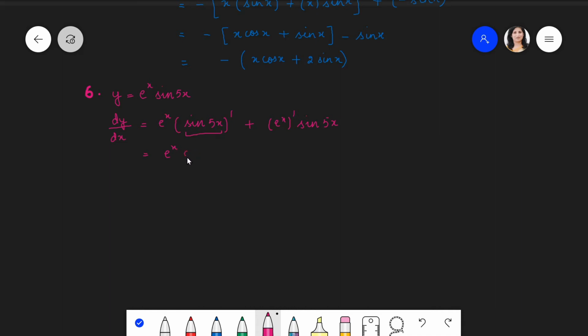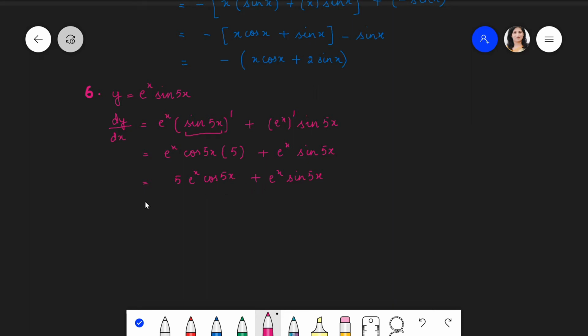So derivative of the sine function is cos 5x and then derivative of 5x is 5, plus derivative of exponential function is e to the power x into sin 5x. So we get 5 times exponential function into cos function plus exponential function into sine function.